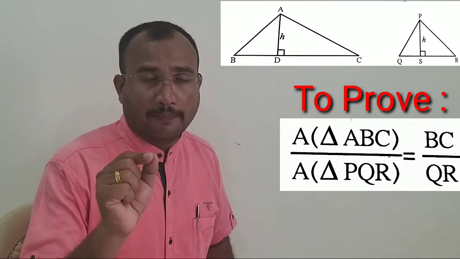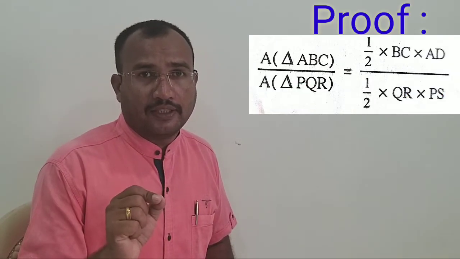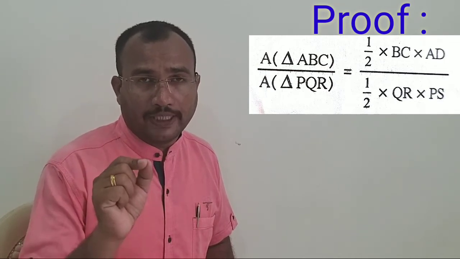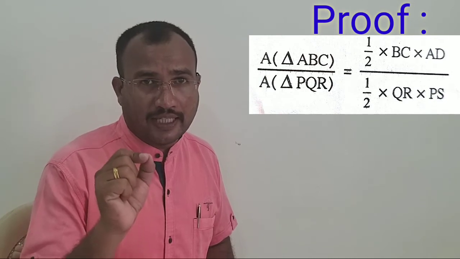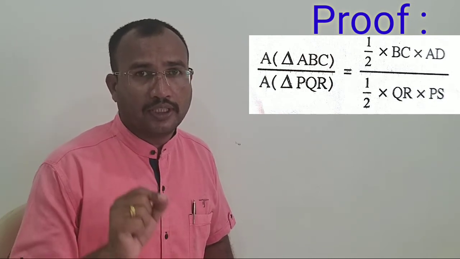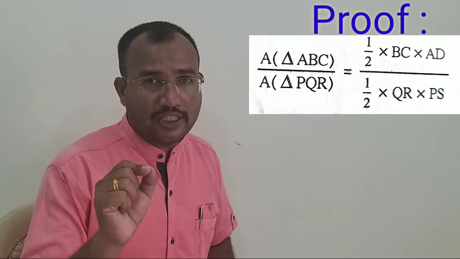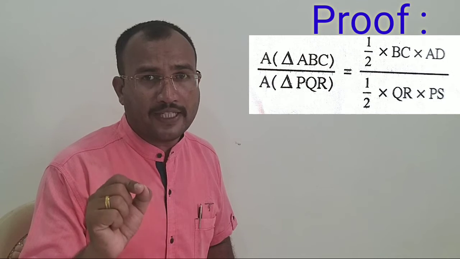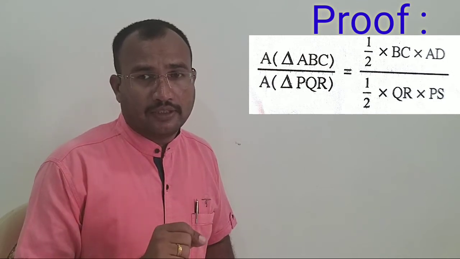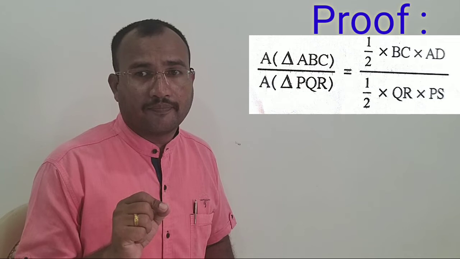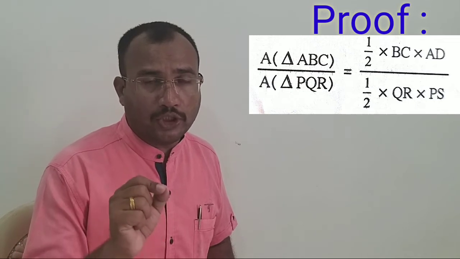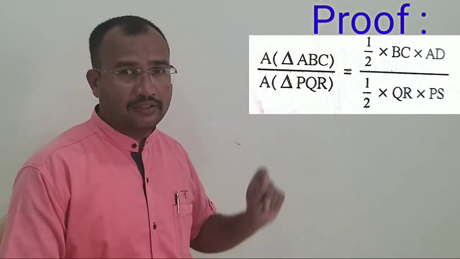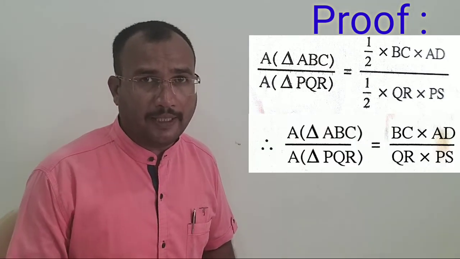Area of triangle ABC divided by area of triangle PQR is equal to 1/2 into BC into AD divided by 1/2 into QR into PS. But here 1/2 gets cancelled. Then what is the remaining here?